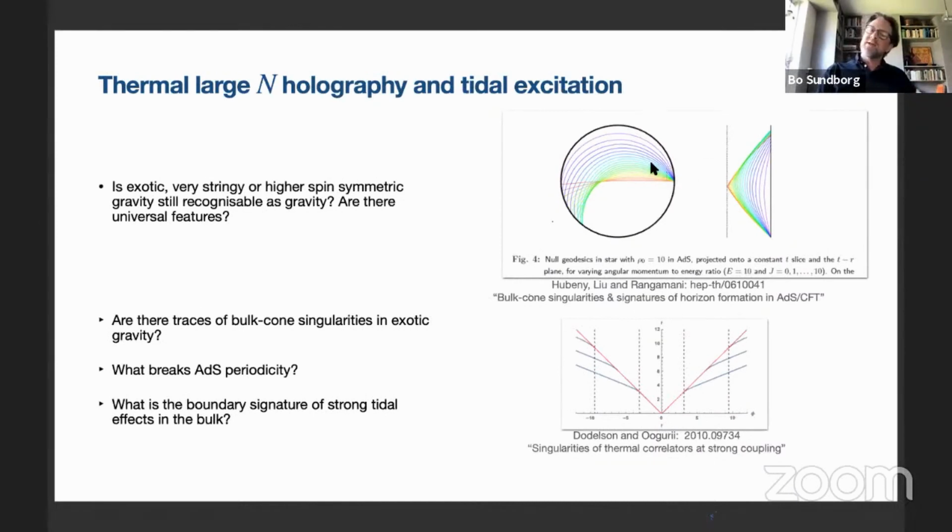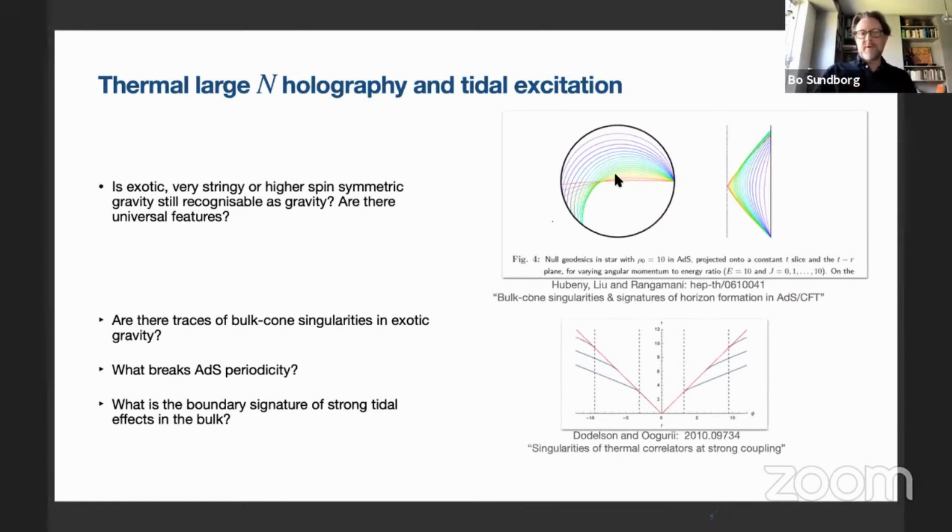If you send strings rather than point particles into the bulk, the strings will be tidally excited when they pass inside the photon sphere around the black hole. So we're also interested to see if we can detect that in these simple models of holography.